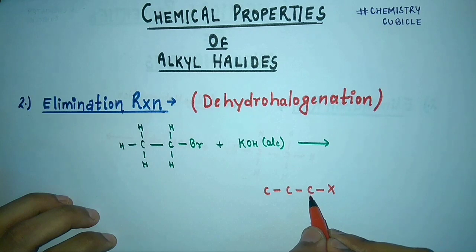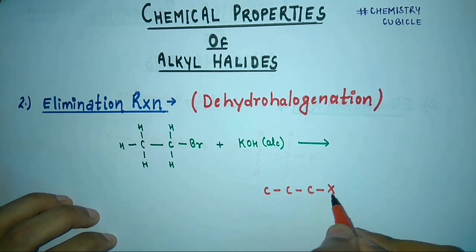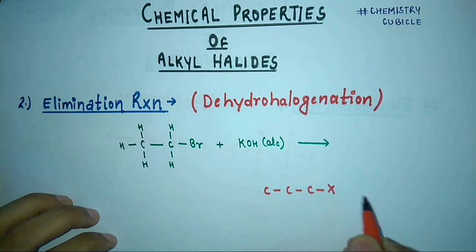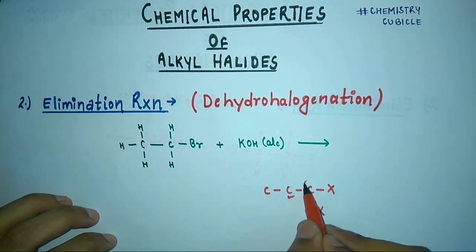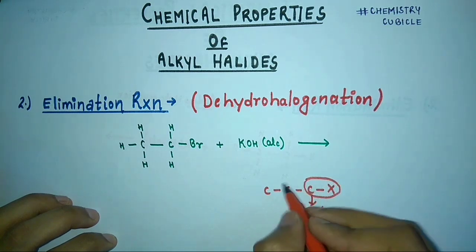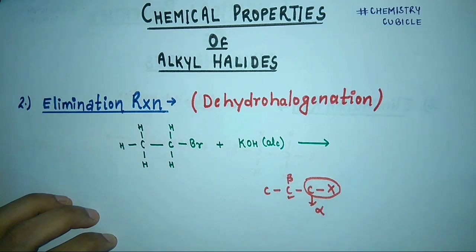Okay, so the carbon atom with which the functional group is directly attached is known as the alpha carbon atom, and the carbon atom next to the carbon atom with which the functional group is directly attached is known as the beta carbon atom.